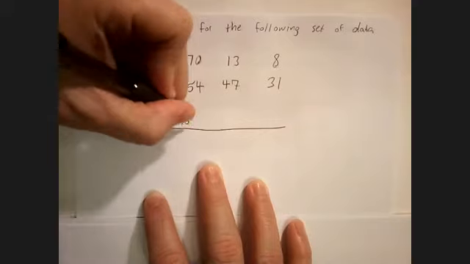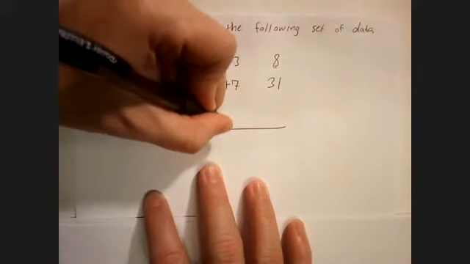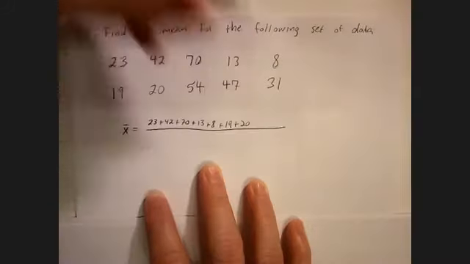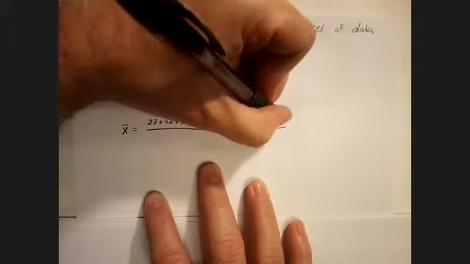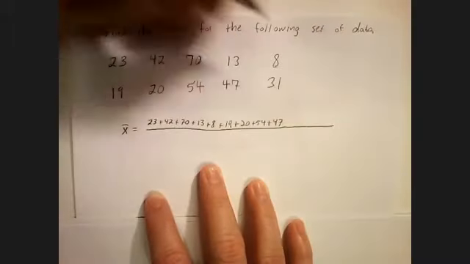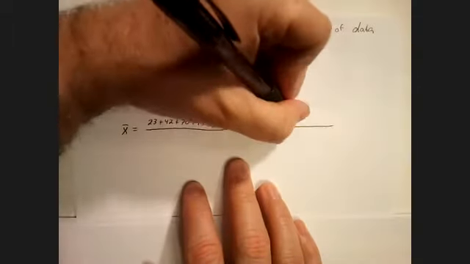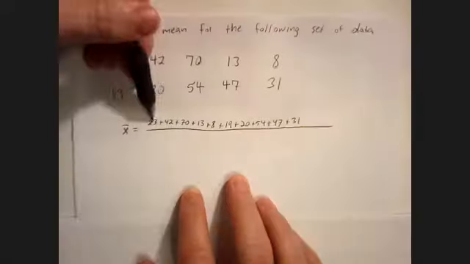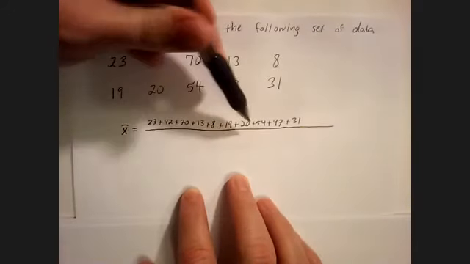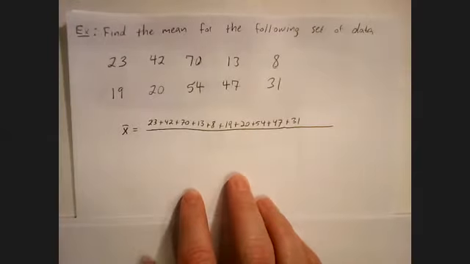Now, I told you there were 10 items. You might want to double check and count those. I will not show all of this work every single time I have to find the mean of 10 items. 1, 2, 3, 4, 5, 6, 7, 8, 10. All right, so there are 10 things, so I need to divide by 10.